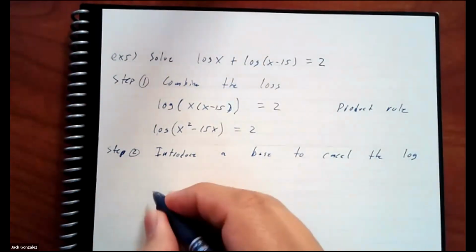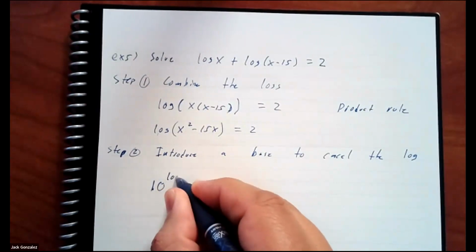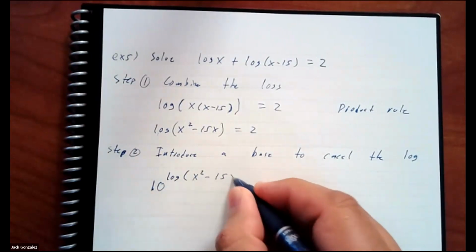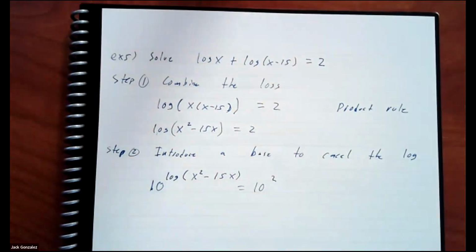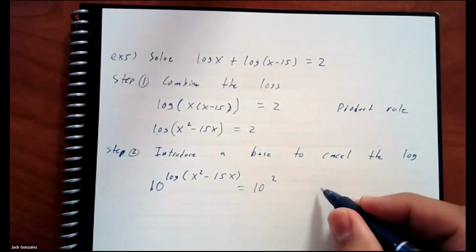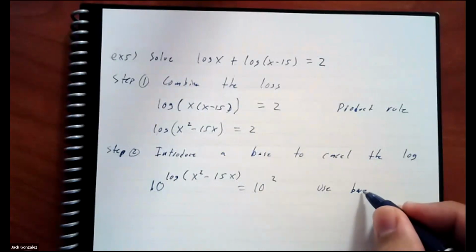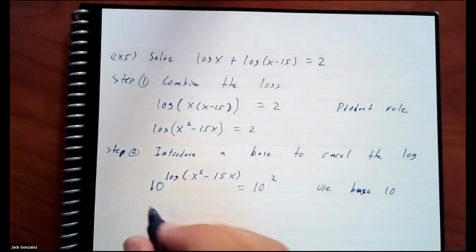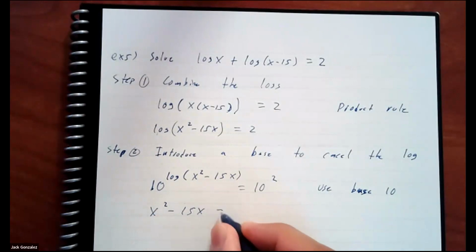So here I need to introduce a base of 10 to cancel this base 10 log. So these will cancel, leaving you with x squared minus 15x equal to 100.